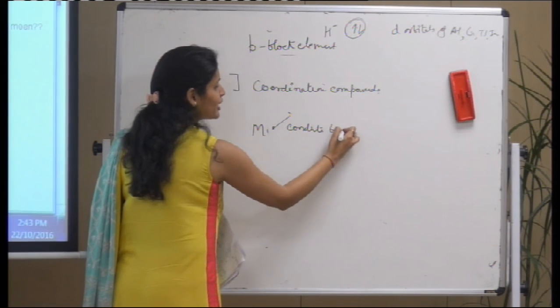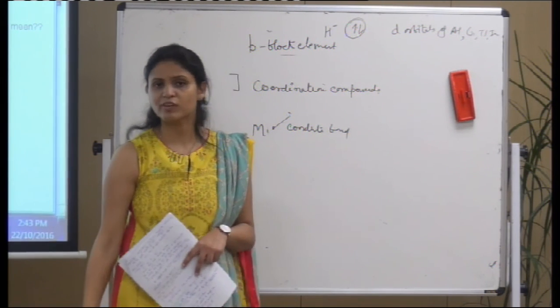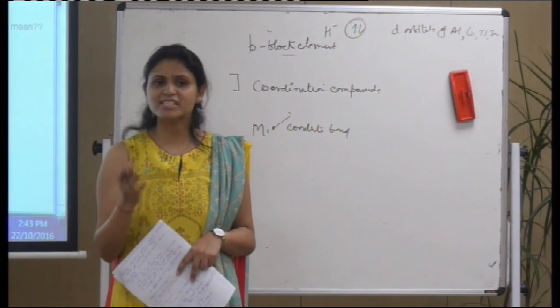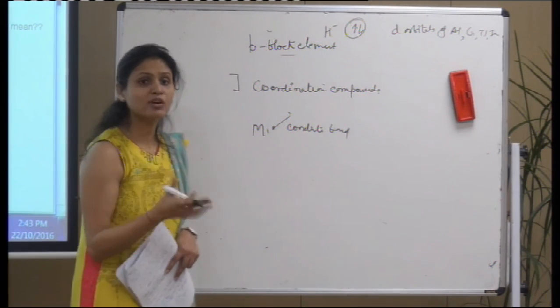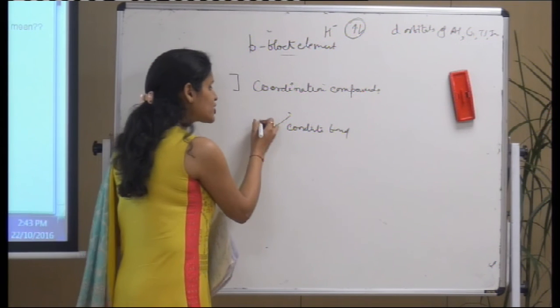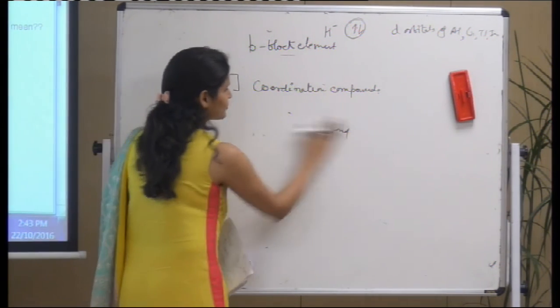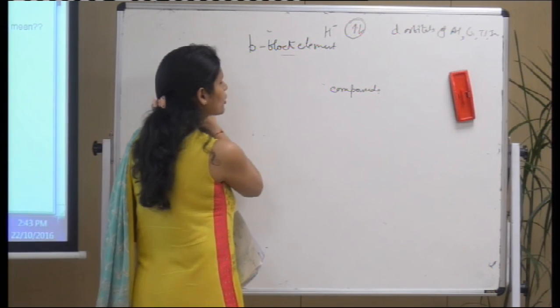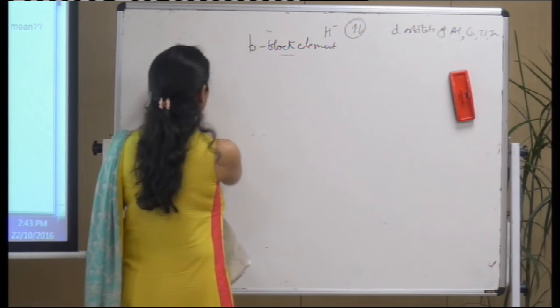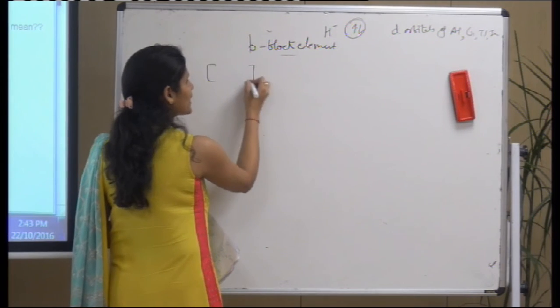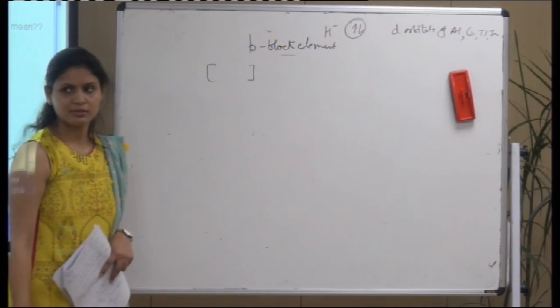What is the difference between coordinate bond and covalent bond? Everybody knows covalent bond is mutual sharing of electrons, while coordinate bond is complete donation of the pair of electrons by only one atom, right? This is the difference between covalent and coordinate. So basically square bracket implies coordination compounds, right?